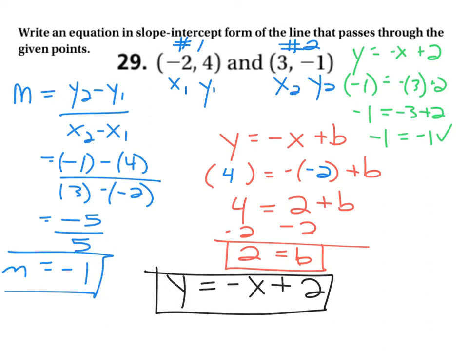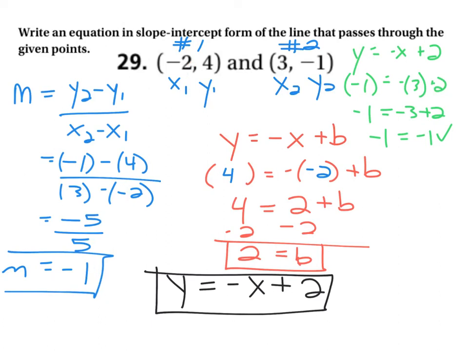We said, okay, once we found the slope by using this, which is this, we wrote part of the equation, y equals negative x plus b, and then used the first point's coordinates for y and for x to plug them in and get rid of the two variables y and x.